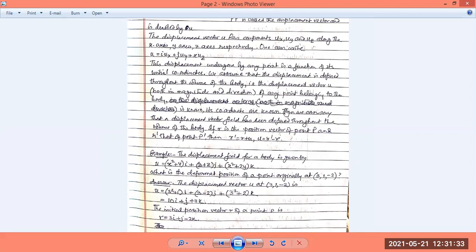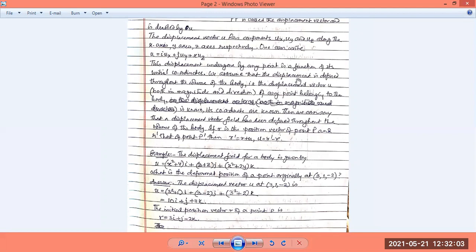Now, if we assume that this displacement is defined throughout this volume, then the displacement vector for a particular body throughout this volume is known or given to us. Then the coordinates are supposed to be known, because unless you know the coordinates, you cannot place a distance from a particular point to another point.